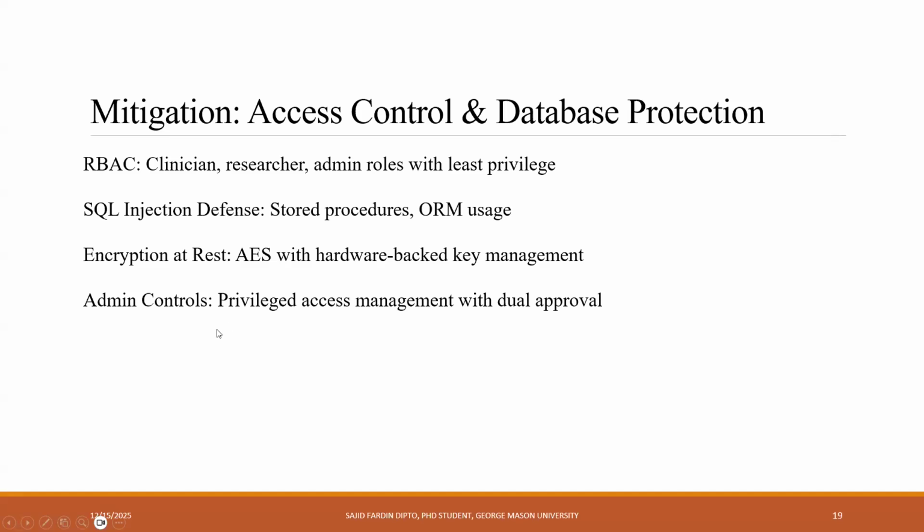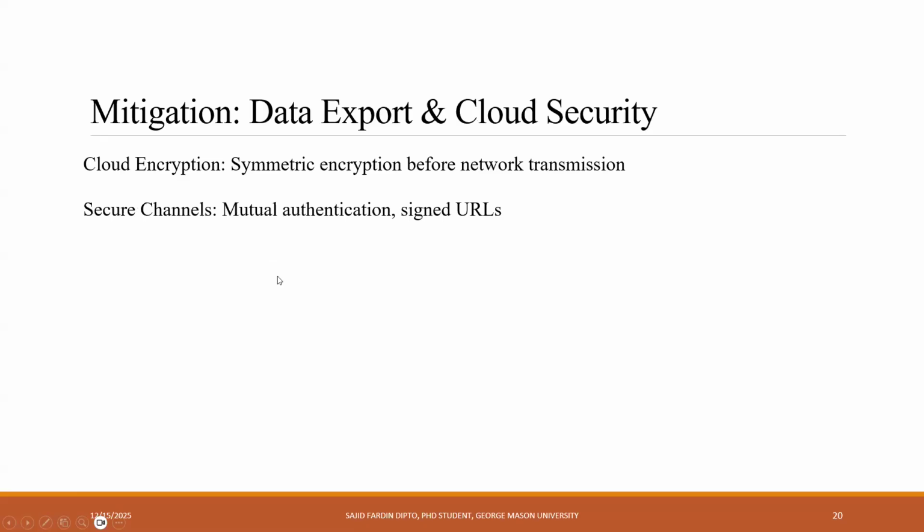And also for the admin controls, we can implement privileged access management that requires dual approval for high-risk operations. And in case of data export and cloud security, for cloud encryption, all files can be encrypted with a strong symmetric encryption before network transmission.